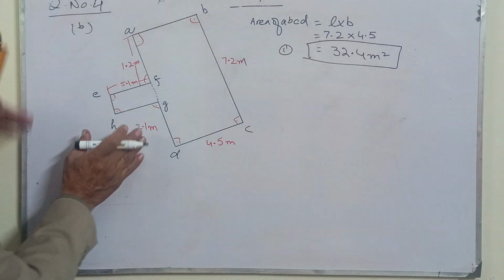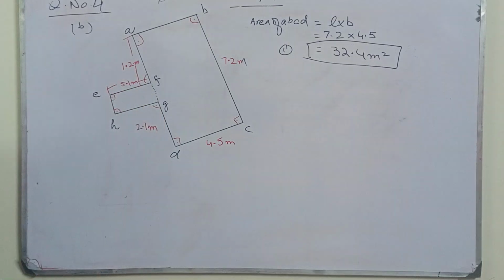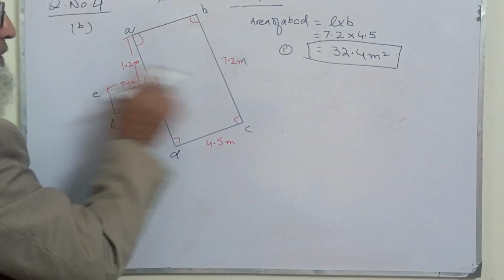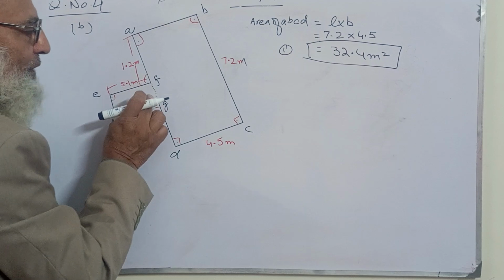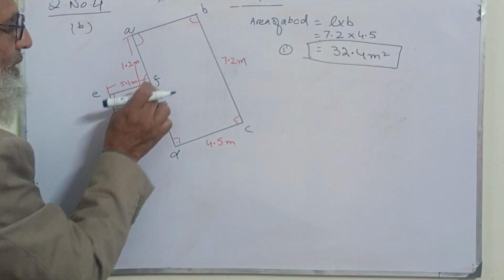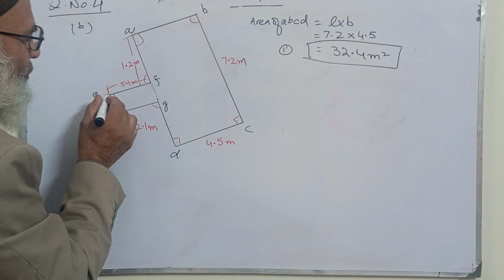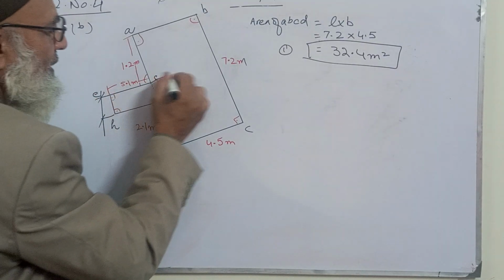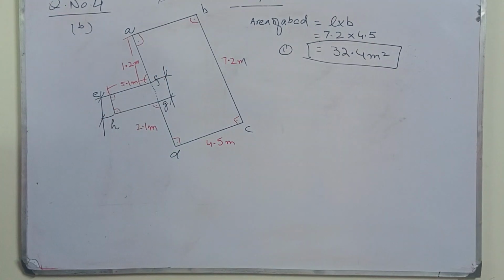Now you see that this is 2.1, this is 1.2, and the rest is the width of the rectangle. So let me first find the width of this smaller rectangle. Now this width I have to find is this width, or you can say that this width I have to find. Both are the same.